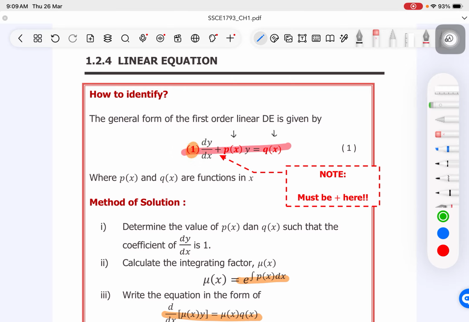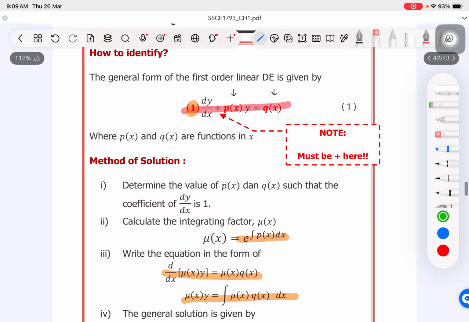The second thing is this sign must be positive. Let's say you have minus here, meaning the value of minus comes from the values of p(x). The coefficient of y here is your p(x), and right here is your q(x).